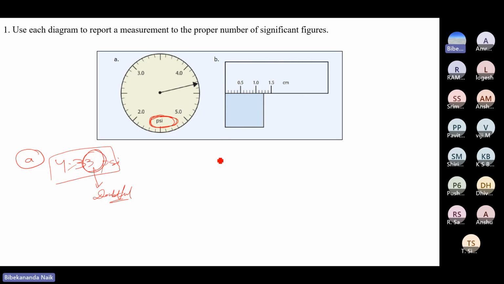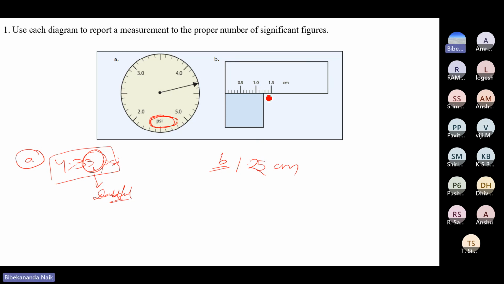And in case of B, the measurement gives the value of 1.2, and the line lies between 2 and 3. So we can write it as 1.25 centimeter.